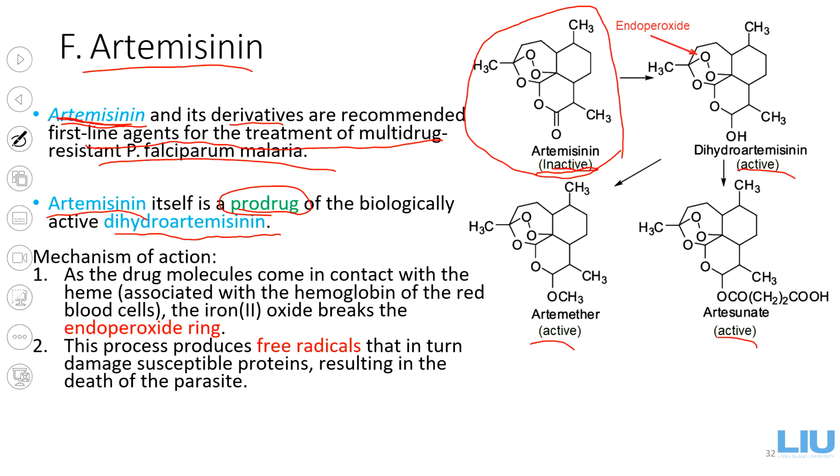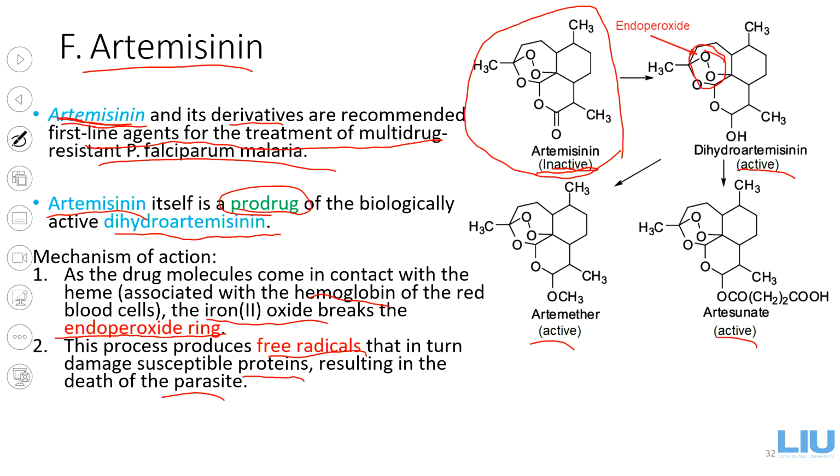Now, its mechanism of action is through the break of something called the endoperoxide ring. If you look at all these structures, there is an endoperoxide ring. When this ring comes in contact with the iron in the hemoglobin, it breaks and forms free radicals, which are responsible for the damage of the proteins and, of course, the death of the parasite. That's the mechanism of action.